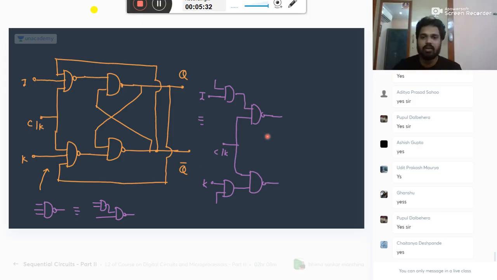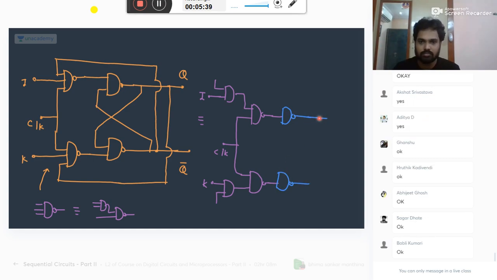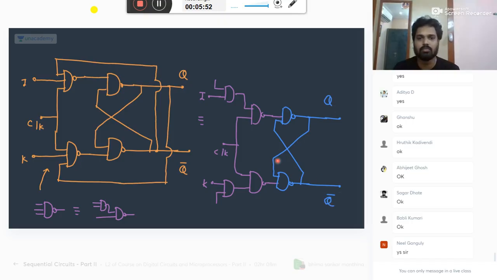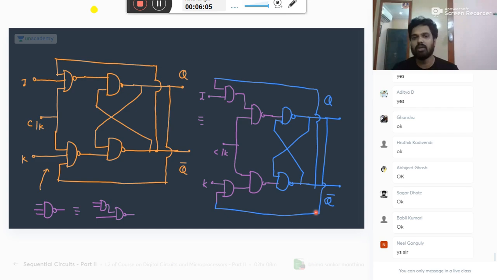So after this, you have this NAND gate. You observe one important point here.